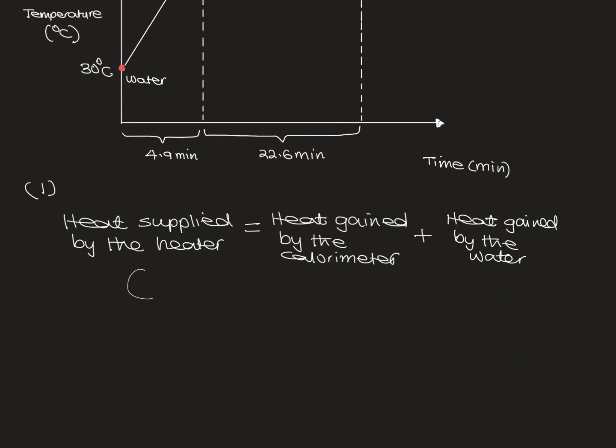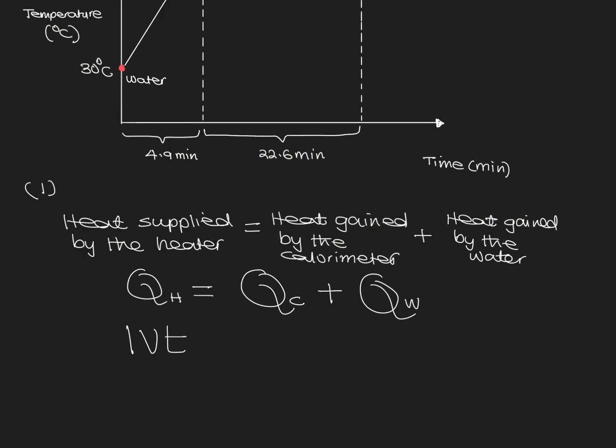So that is Q of the heater, the quantity of heat supplied by the heater, is equal to the quantity of heat gained by the calorimeter plus the quantity of heat gained by the water. So since electric energy was used, what is the formula for the quantity of heat? We know that it is IVT.